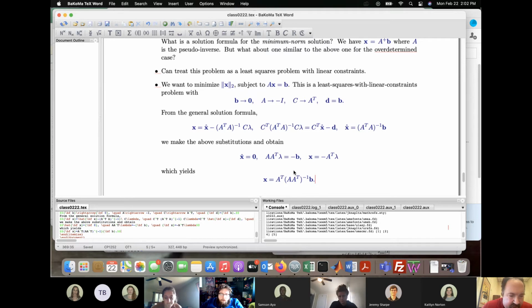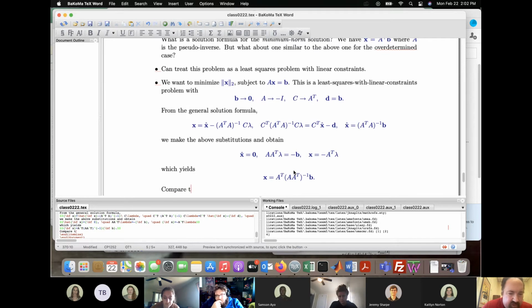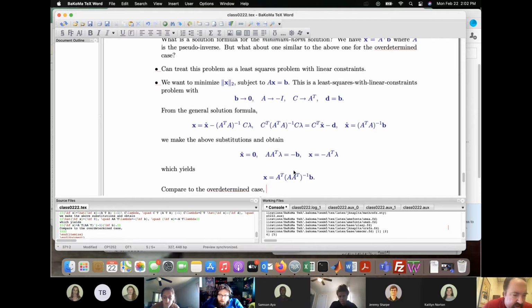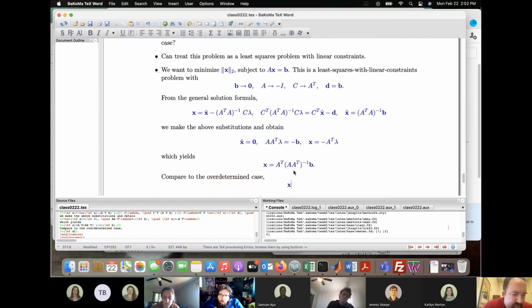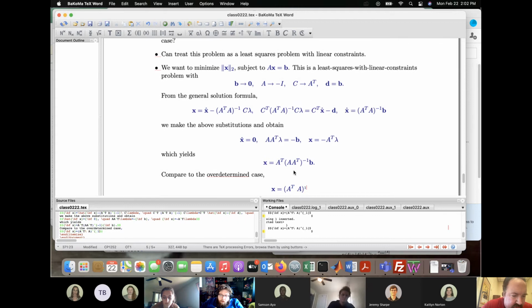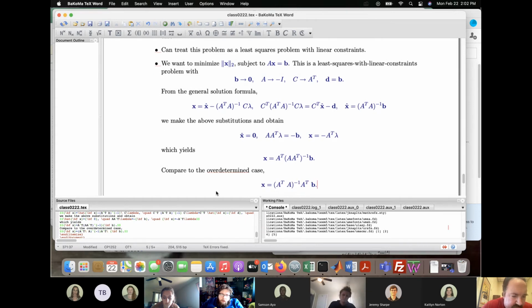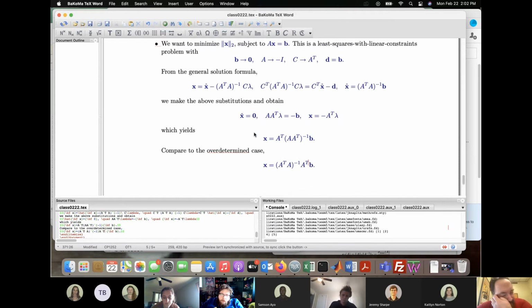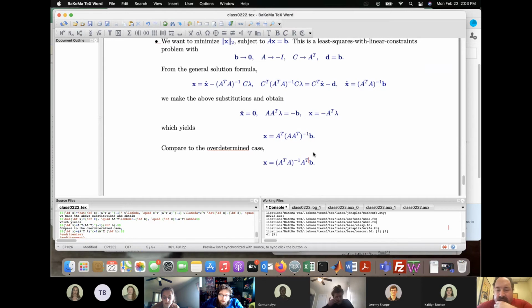Now, it's gone off the screen. Compared to the overdetermined case, the solution of that least squares problem is equal to A transpose A inverse A transpose B. So you can see the similarities and differences between the two.